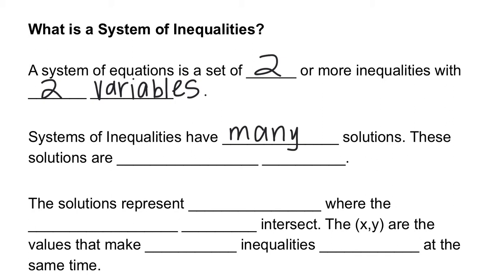Just like in regular inequalities, there's so many points that could fall in that shaded area. In systems, there are many points that could be solutions too. But they're still points, so systems have many solutions, but those solutions are still ordered pairs.